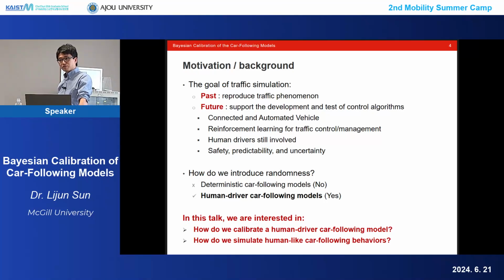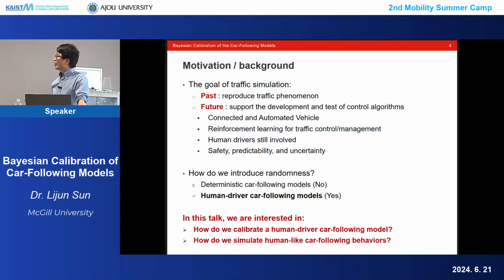But in real-world scenarios, for example, if we try to develop a control algorithm for connected and autonomous vehicles, one thing we have to worry about is whether my vehicle can perform well when all the other drivers surrounding me are human drivers with some random behaviors. In that context, we cannot believe the result we get from a deterministic simulation, because the behavior of the human driver is hard to predict in a certain sense.